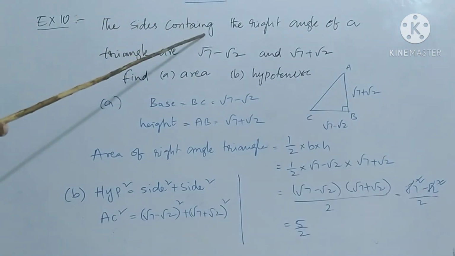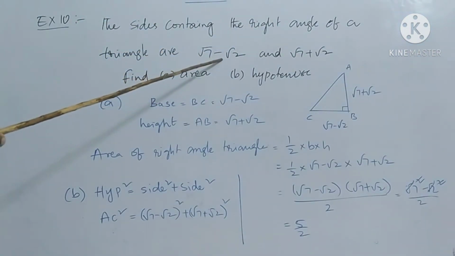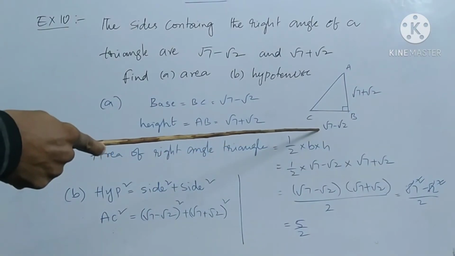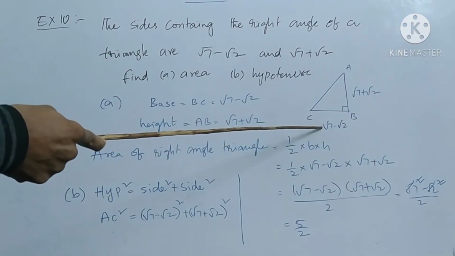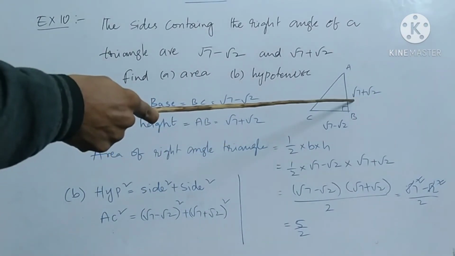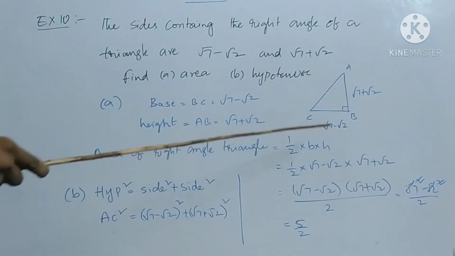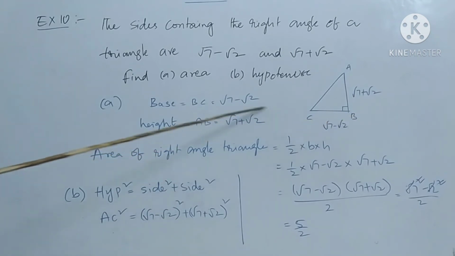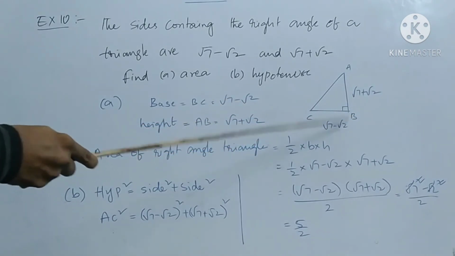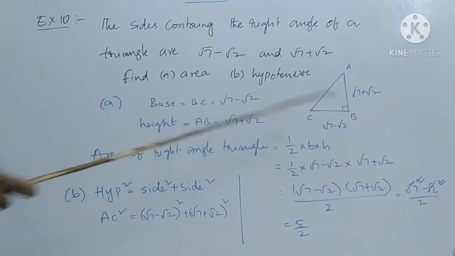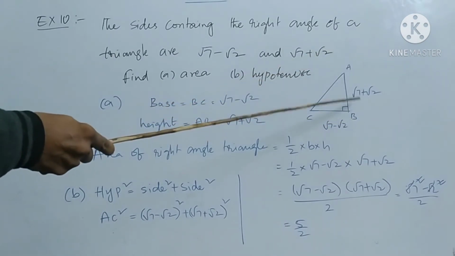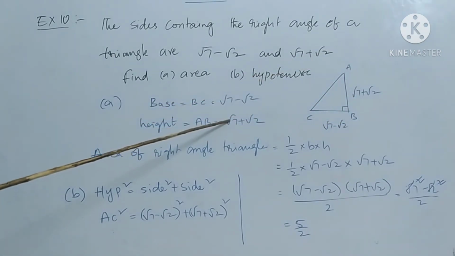The sides containing the right angle are root 7 minus root 2, and the height is root 7 plus root 2. So here base is BC, that is equal to root 7 minus root 2. Here height is AB, that is equal to root 7 plus root 2.